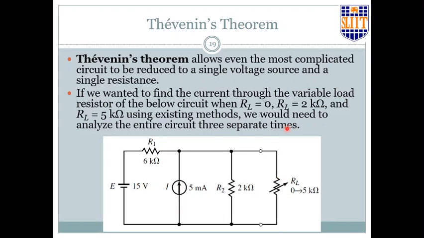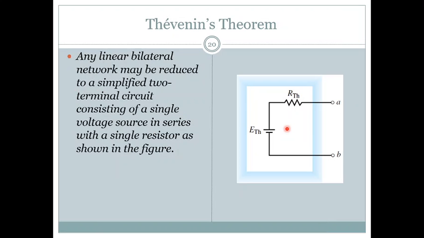So we will deduce the whole circuit or the rest of the circuit as a voltage source in series with a single resistor. We do this when you want to find out the value of the current or the voltage of an element at different conditions, like what is shown in this example.